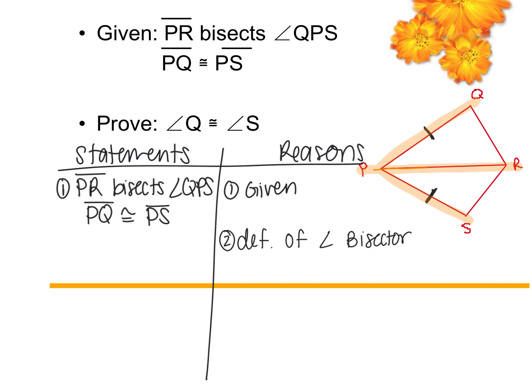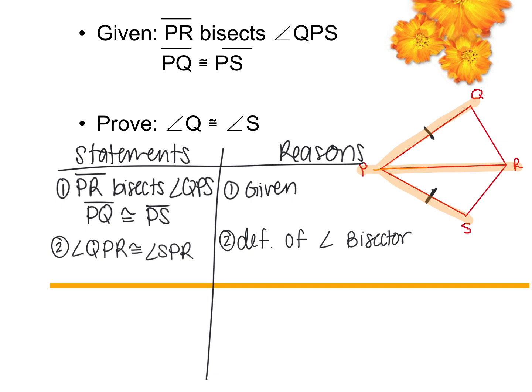Can anybody tell me? Okay, those are segments. I need an angle. Jonah? QPR and SPR. Good. So I'm going to write it. You were close. You only had to do the last one. Angle QPR is going to be congruent to angle SPR.